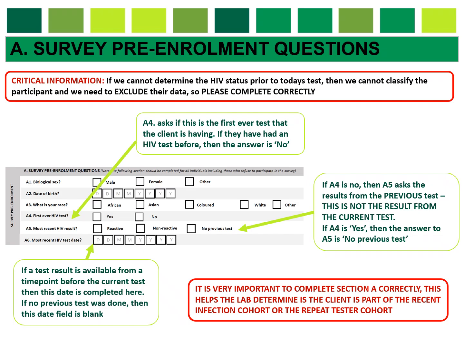However, if they've had a previous test and it was non-reactive, it is important for us to know. The date for A6 must be before today's date, because if we are asking about a previous test, that means it isn't the test done today. So please do not complete this section for today's test. There is a different section for that.